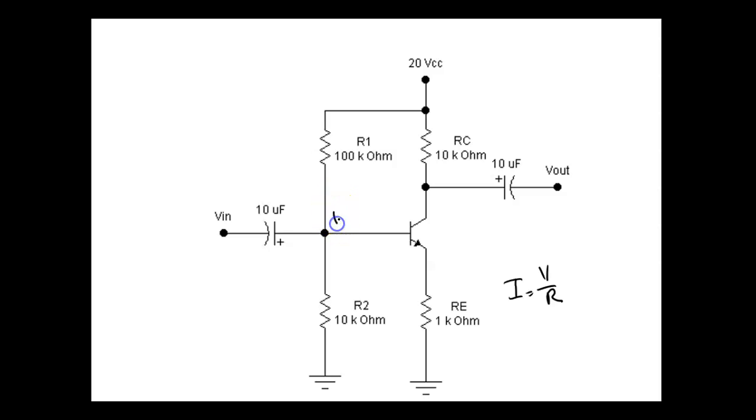So here we calculated 1.8 volts. So that's VB. Everybody okay there? Then VE would be equal to 1.1 volts. IC would be equal to 1.1 divided by 1K. 1.1 milliamps.